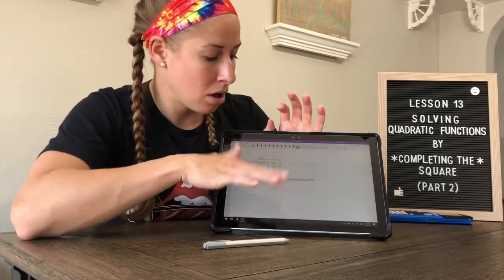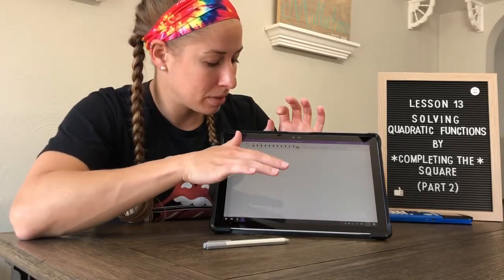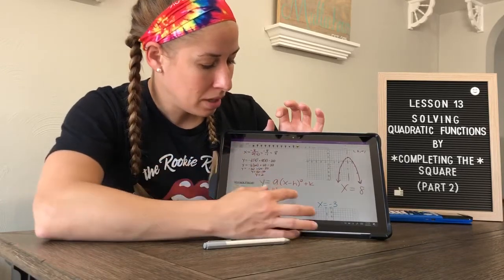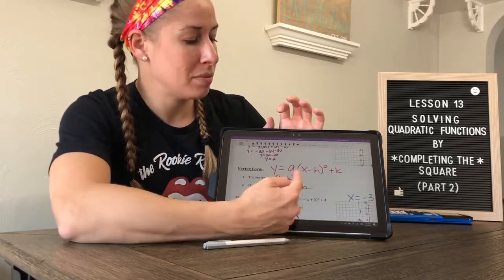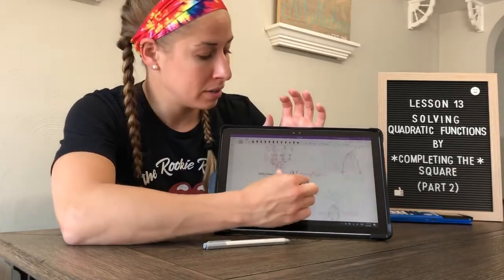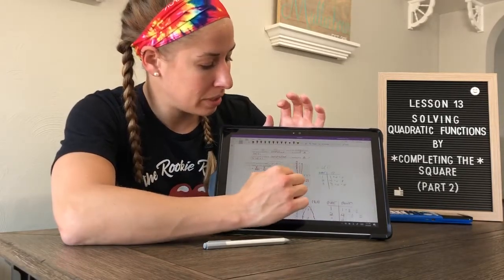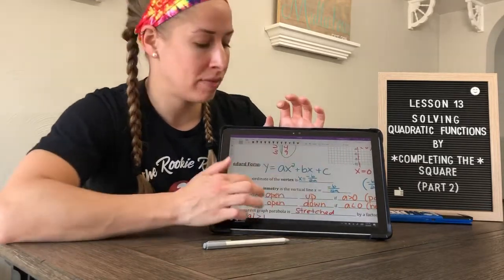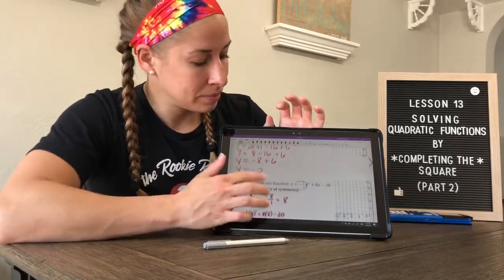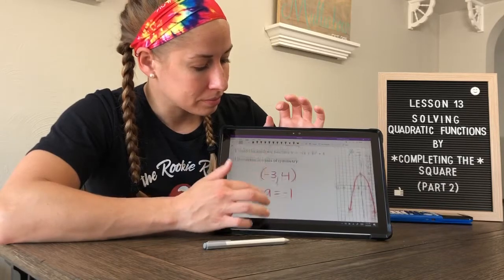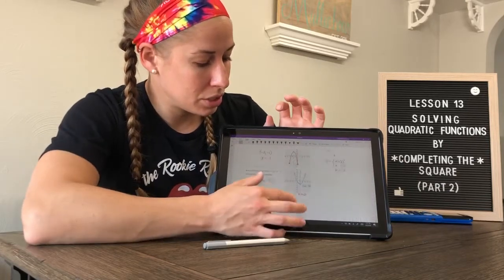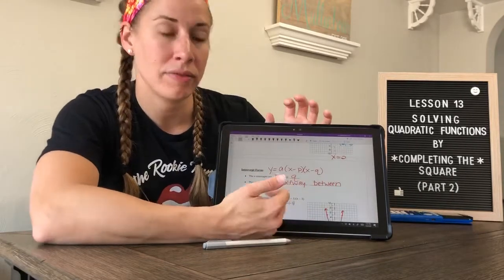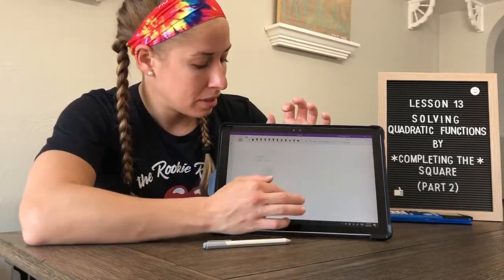If I go all the way back up to the top of your notes, this is your vertex form, so that's the factored part. And then here would be your standard form. That's like a trinomial that you had to factor. So now we're going to, or even intercept is like a factored form. All right.